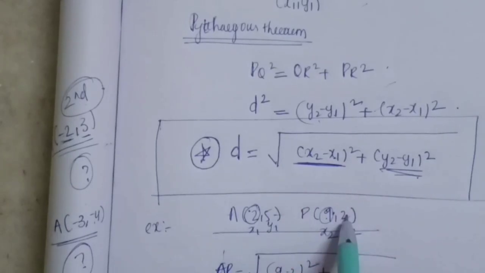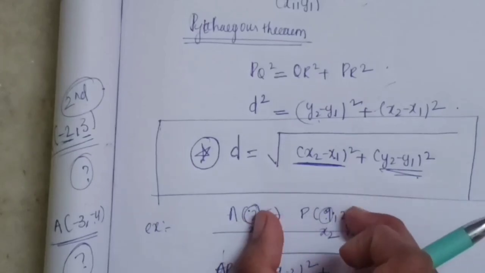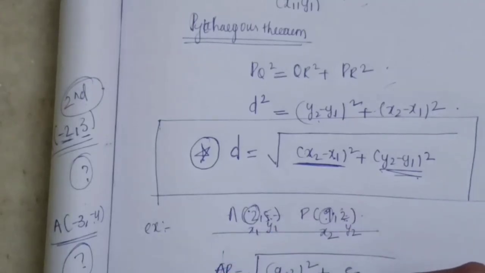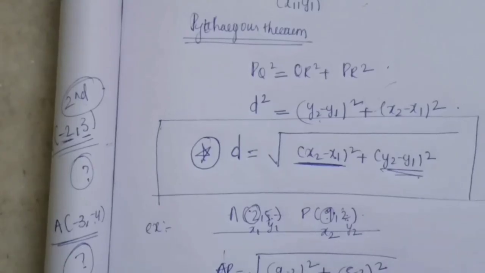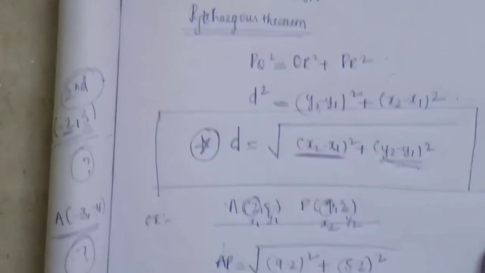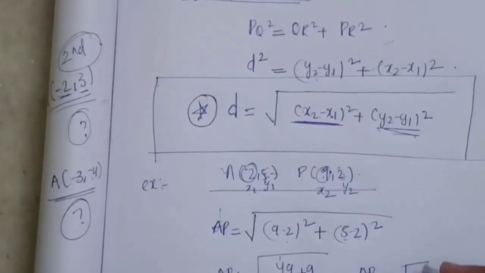So the difference between the y coordinates, which is 2 minus 5, or it can be 5 minus 2, is 3 square. So what is 7 square? It is 49, plus what is 3 square? It is 9, under root. That is the distance. 49 plus 9 is what? 58. So the AP, or the distance between these 2 points, is under root 58.